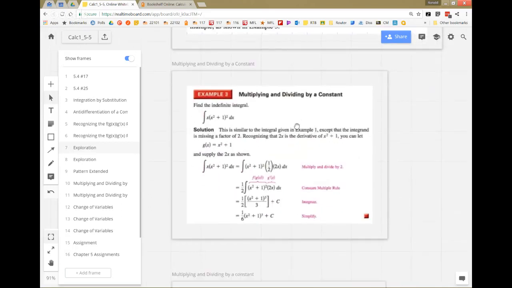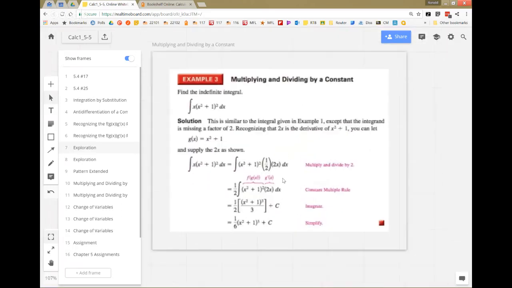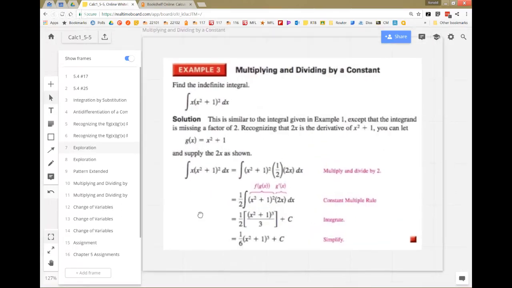Here's an example of that. Let's take one more look at a problem. Here we have the integral of x times x squared plus 1 quantity squared with respect to x. The innermost function is quite obvious: it's the x squared plus 1.